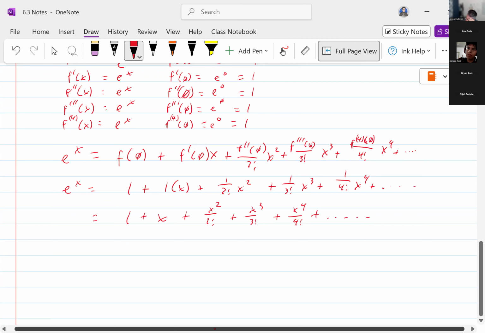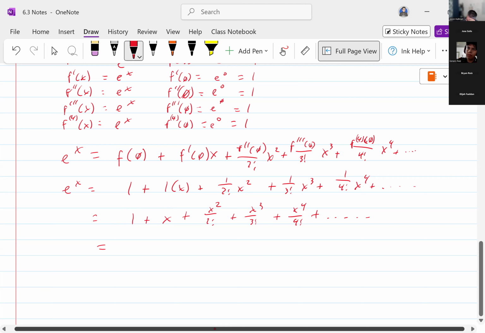Plus, okay, and is there a way to write this as a power series? Well, if we think about this, 1 is x to the 0 over 0 factorial, and x is x to the first over 1 factorial. Again, maybe I'll do that in a second row, I don't want to confuse anybody.